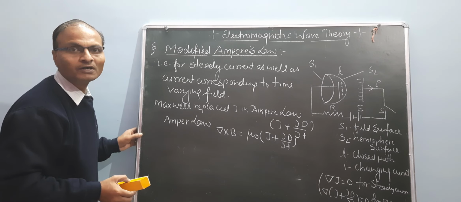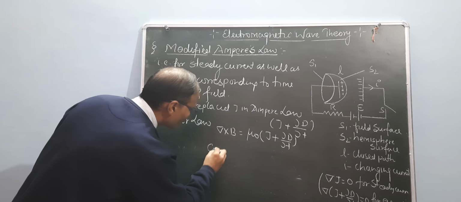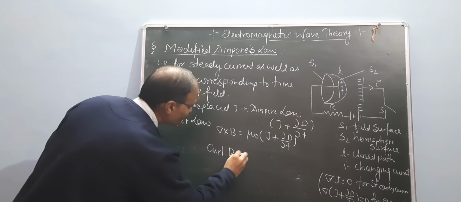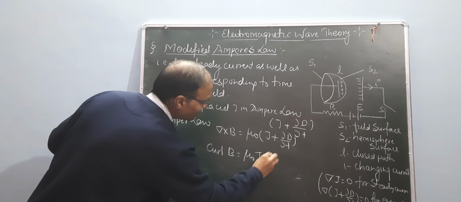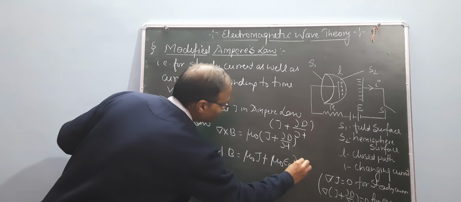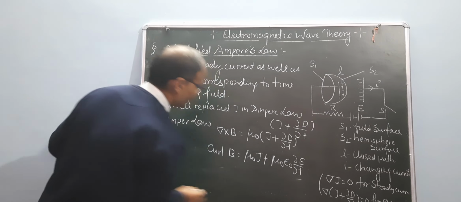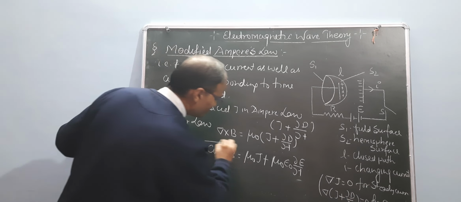So curl B equals mu naught J plus mu naught epsilon naught del E over del t. This is the modified Ampere's law.